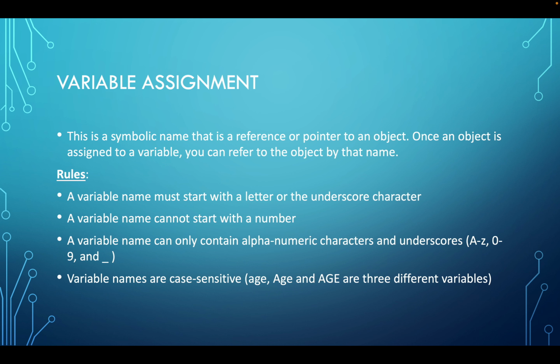A variable name cannot start with a number. A variable name can only contain alphanumeric characters or underscores. Variable names are case sensitive, like age, small letter age, capital letter age, and entire caps form of age are three different variables, which is true.